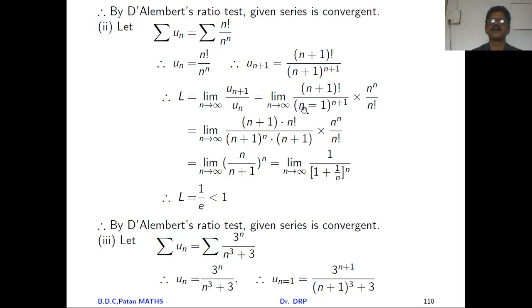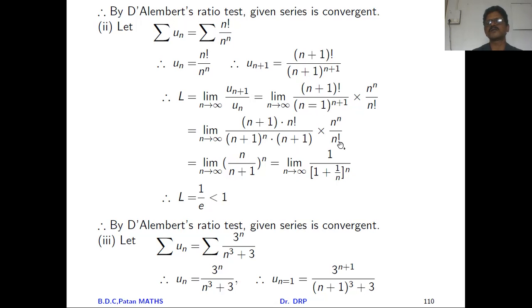Further, friends, (n plus 1) factorial is greater than n factorial. So we can write (n plus 1) factorial as (n plus 1) into n factorial, with n raised to n as it is, divided by (n plus 1) raised to n plus 1, which we write as (n plus 1) raised to n into (n plus 1).